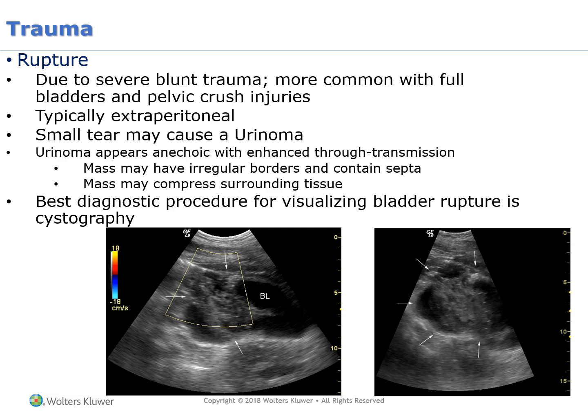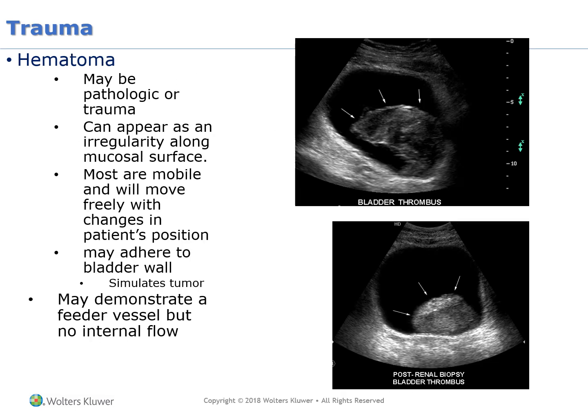The best diagnostic procedure for visualizing the bladder rupture is cystography, meaning this is the one where they would start a catheter, inject contrast, and they'd immediately see if there was flow out of the bladder. Now, we could do something very similar where we could be scanning in live time. The catheter could be placed, they could inject saline into the bladder, and we could see if it flowed out. So it would just be at the doctor's discretion which one of those would be their choice.